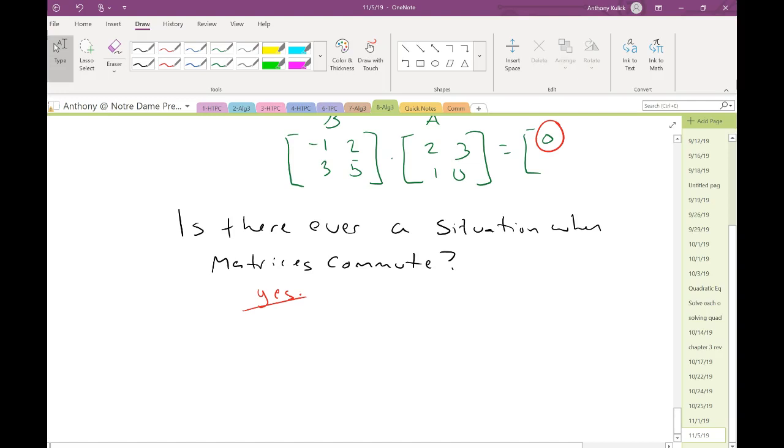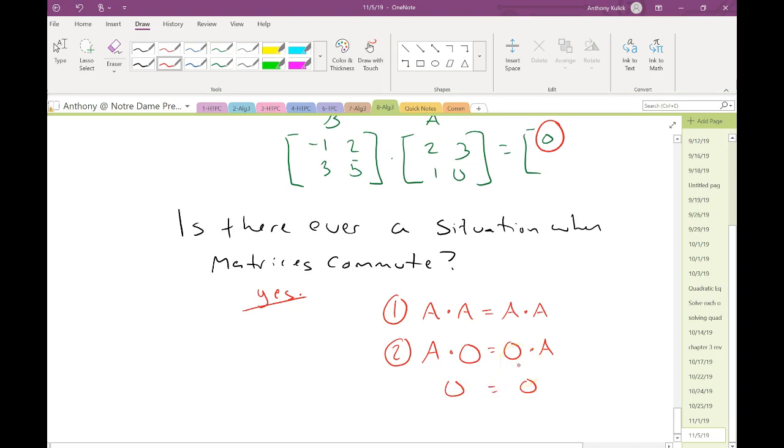Okay, so you have two situations that are probably reasonable. Where you have the same matrix for each of them, right? Obviously, if I have A times A, that's going to equal A times A. The second situation is if one of the two matrices is the zero matrix, then if you multiply them together, this is going to give you the zero matrix, and that would give you the zero matrix.